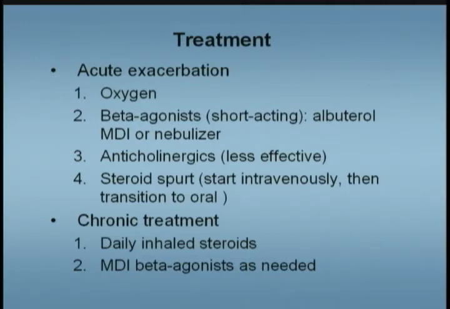There are other short-acting beta agonists, and you're free to use any one of those. Albuterol is probably across the board the most used and the best studied agent. We can give them in one of 2 forms, either as a metered dose inhaler or as a nebulizer treatment. With the nebulizer, they put it in their mouth and you put the oxygen and it goes into their lungs, so all they have to do is just breathe.